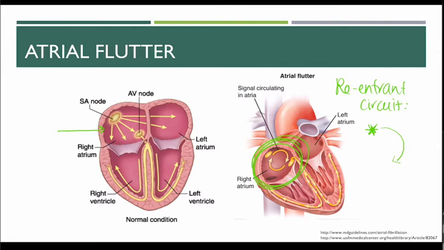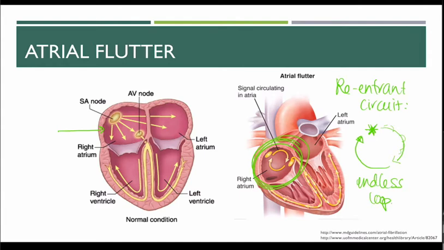And since it's a domino effect, it ends up reactivating itself. And because the electrical impulse travels in a circle and it reactivates the starting point, it creates an endless loop.